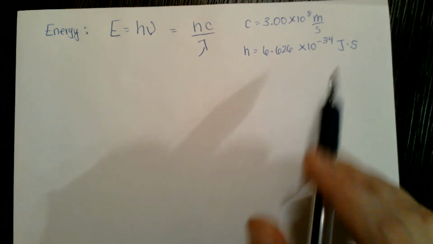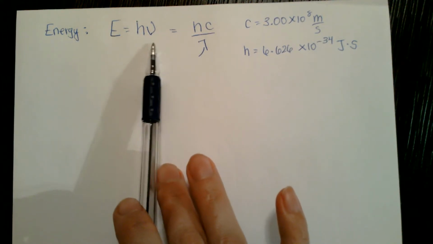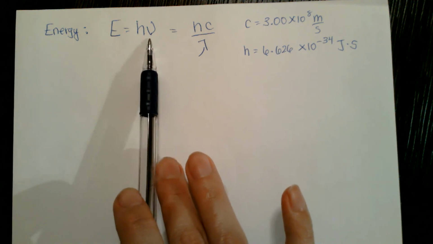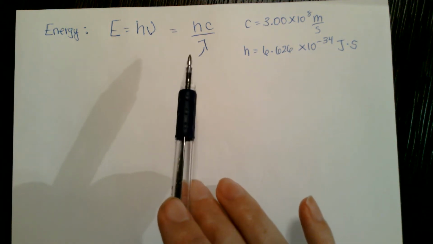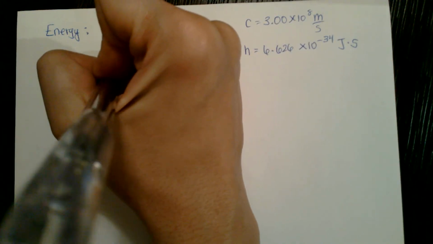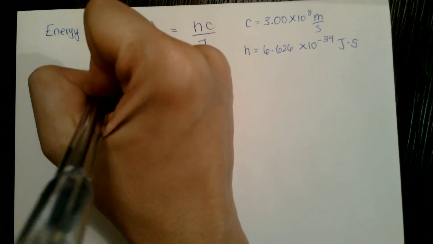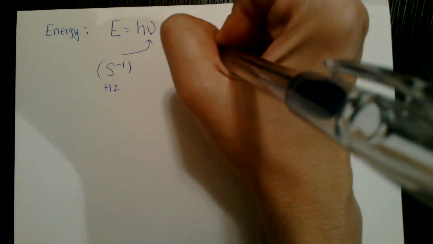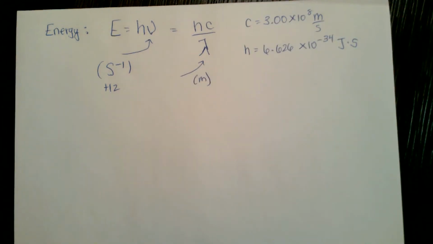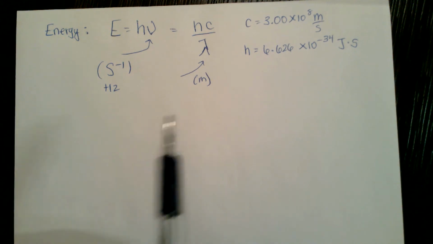Okay, so this is energy from light, expressed either as frequency or in terms of wavelength. The units of frequency are seconds to the minus 1, or hertz, and the typical SI units of wavelength, lambda, are meters.